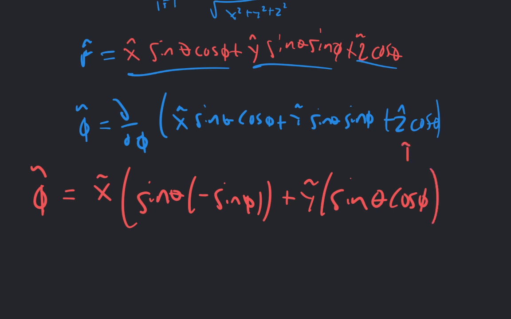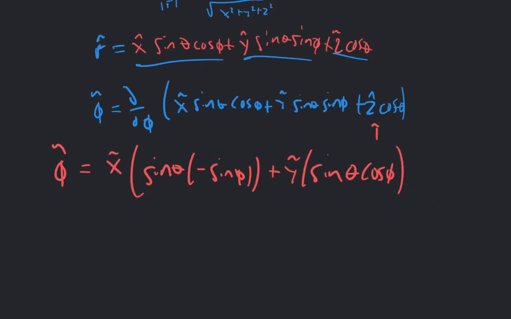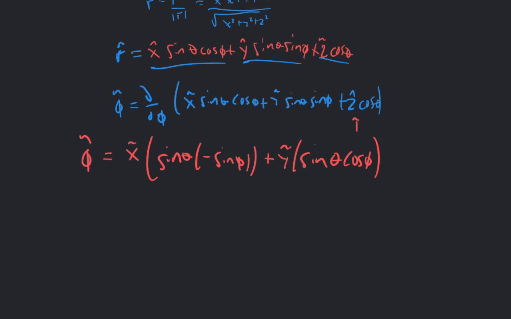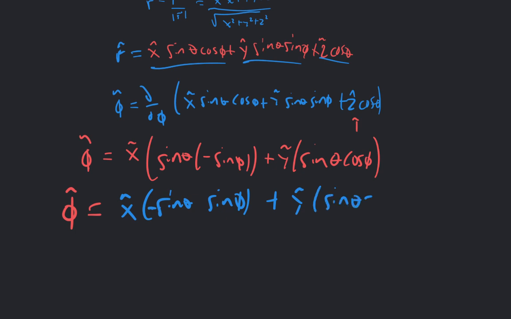Z unit is going to be 0 because there is no phi term. So then phi vector is going to be x unit times sine theta, minus sine phi, plus y unit sine theta cosine phi.